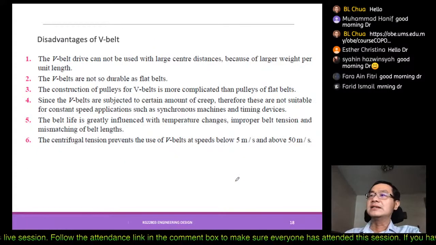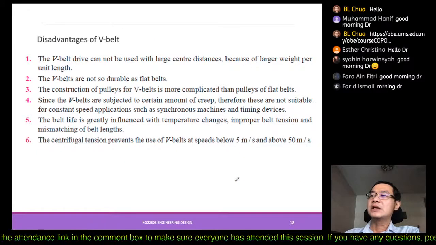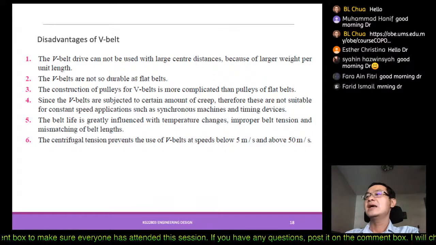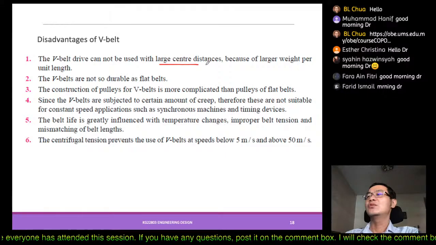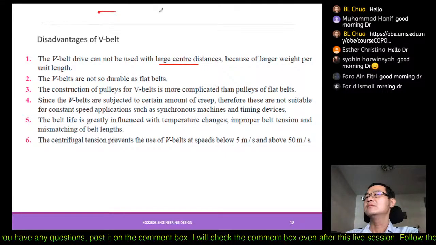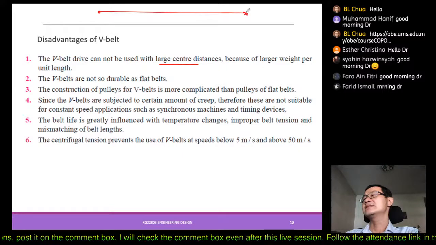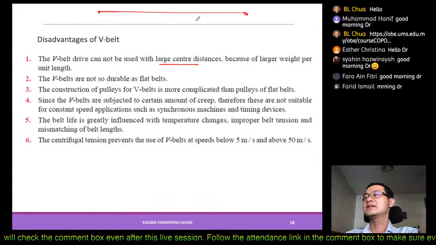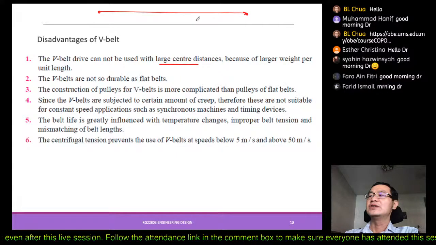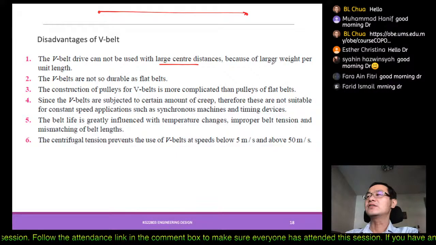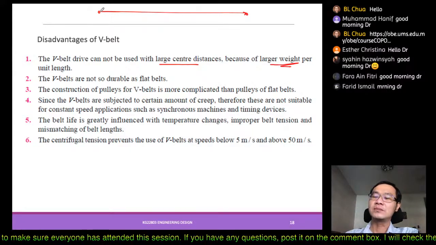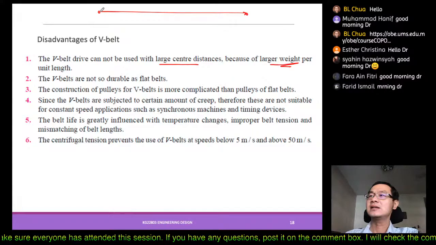But the V belt has several disadvantages. It cannot be used with a very large center distance. Even though it's flexible, a large center distance may not be good because of the weight per unit length. The belt itself has weight, you have to remember that, therefore it will tend to bend.